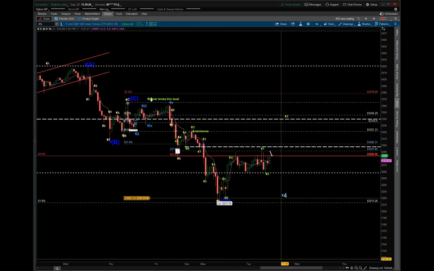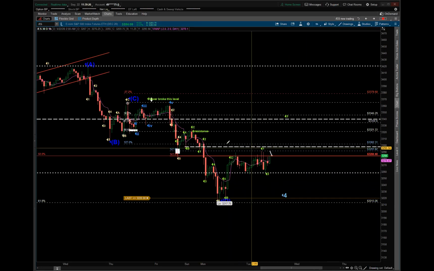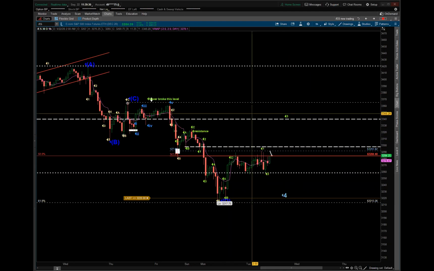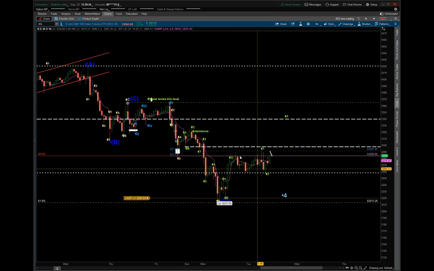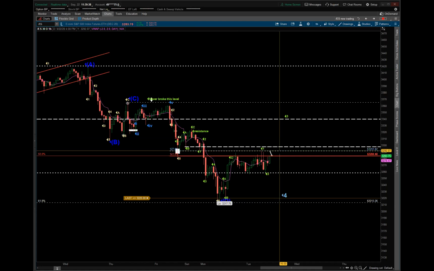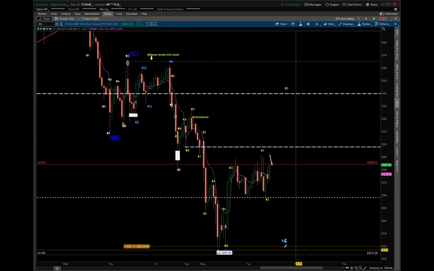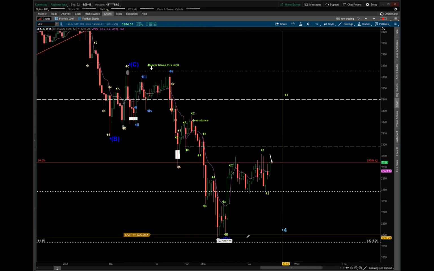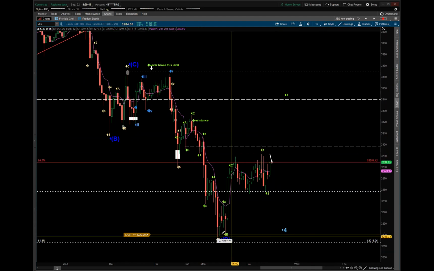Now let me give you an example here. Let me remove a lot of these drawings. Okay. So if I wanted to trace an ABC, I will look for the bottom.